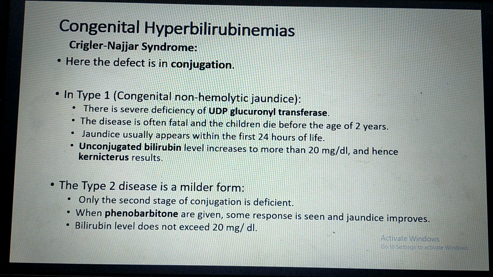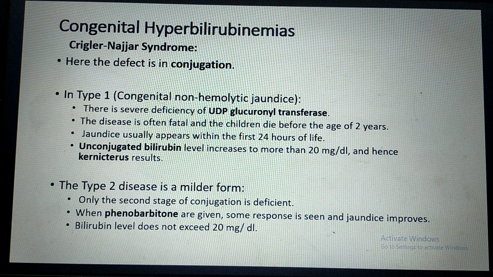The disease is often fatal and children die before the age of 2 years. Here, jaundice appears within 24 hours of life. This point is important because physiological jaundice appears on the second day. As I have told you, unconjugated bilirubin increases.